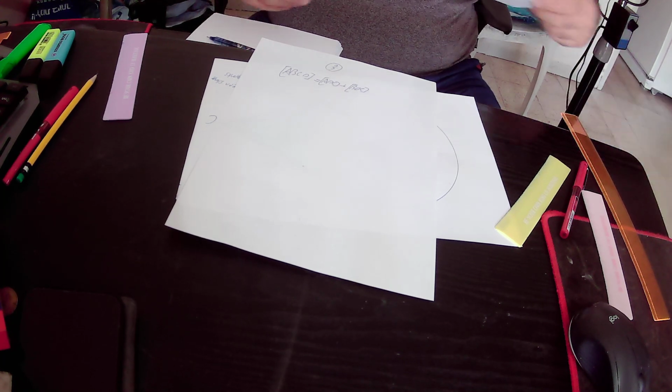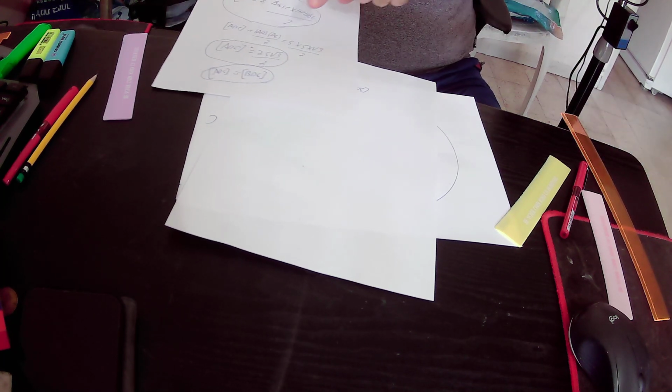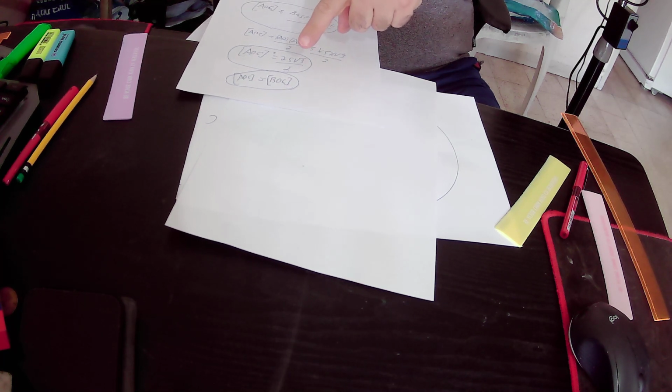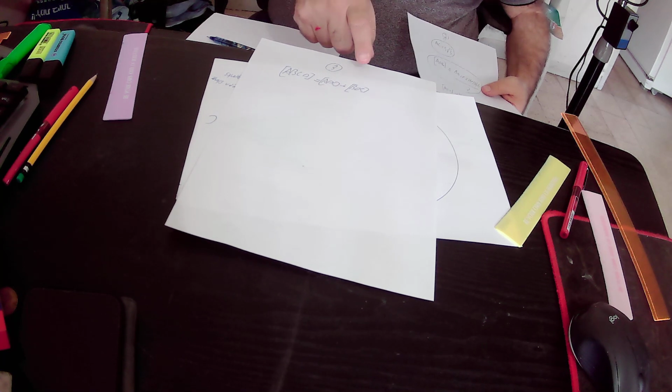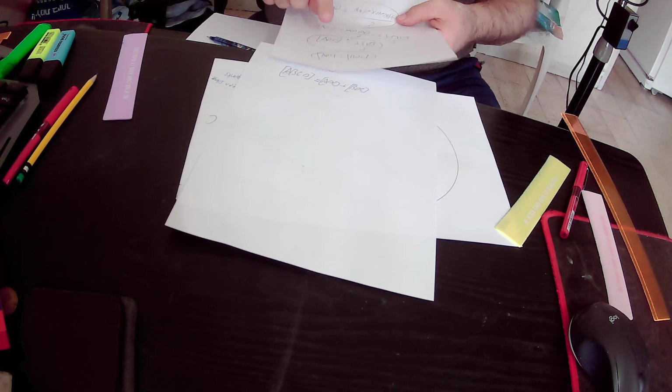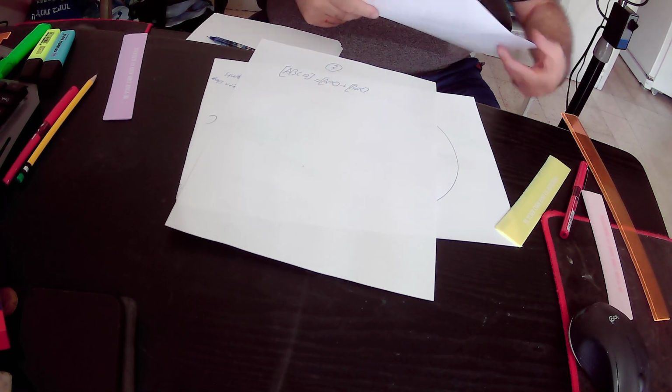But we have already found out that the area of triangle BOC equals the area of triangle AOC. So we can substitute the area of triangle BOC in this equality by the area of triangle AOC because they are equal to each other.